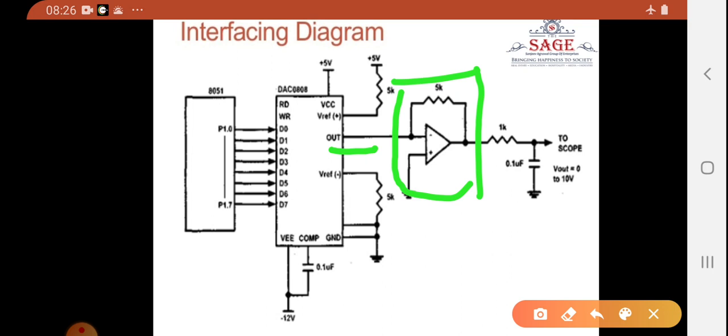This is the op-amp, which is an I to V converter, current to voltage converter. This current will come into the input of the op-amp, and the op-amp will convert its output into voltage. Here the input is current, and this current to voltage converter op-amp is used. So it will convert the equivalent current to the equivalent output voltage in the DAC.